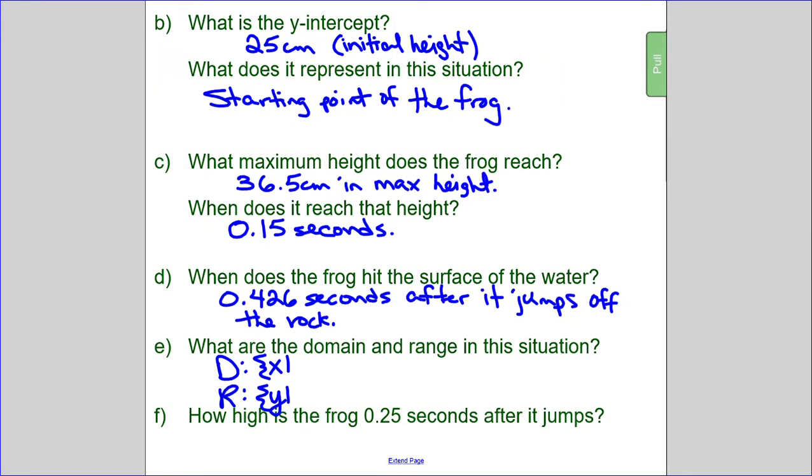So our domain would be 0 ≤ x, so x is bigger than or equal to 0, but that same value x has to be smaller than the max time that it takes for it to hit the water, 0.426 seconds, such that x is in the set of real numbers.